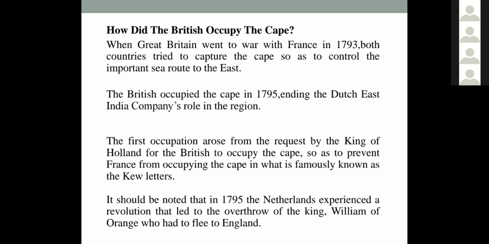So we are getting new leadership at the Cape, meaning the Dutch East Indian Company that had ruled the Cape from 1652, now by 1795, a period of almost 140 years, the company was parting, and the new rulers, now the British, from a new country now called Great Britain, was coming in to occupy the Cape.